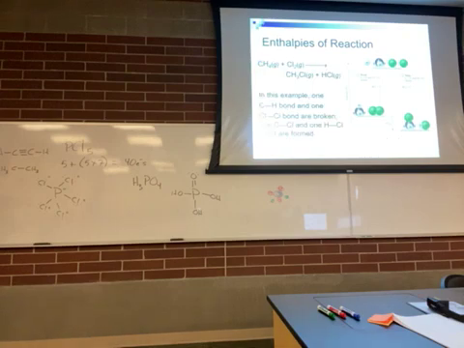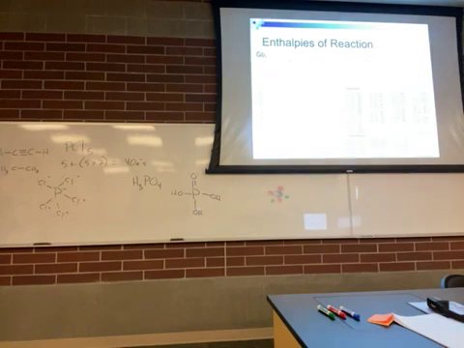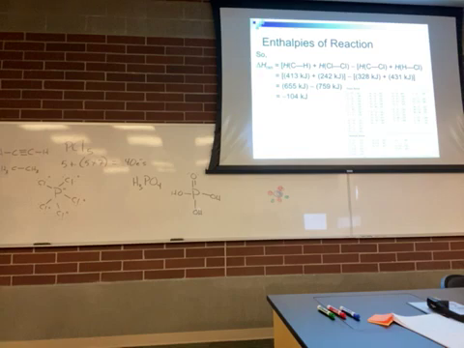So here you go. Methane plus chlorine gas goes to chloroform and hydrochloric acid. So here I have 1 carbon-hydrogen bond and 1 chlorine-chlorine bond, and I'm forming 1 carbon-chlorine and 1 hydrogen chloride bond. What is the enthalpy of carbon-hydrogen? Well, it's right there, 413, so I plug it in there. What is the enthalpy of chlorine? It's right there, 242, so I plug that in.